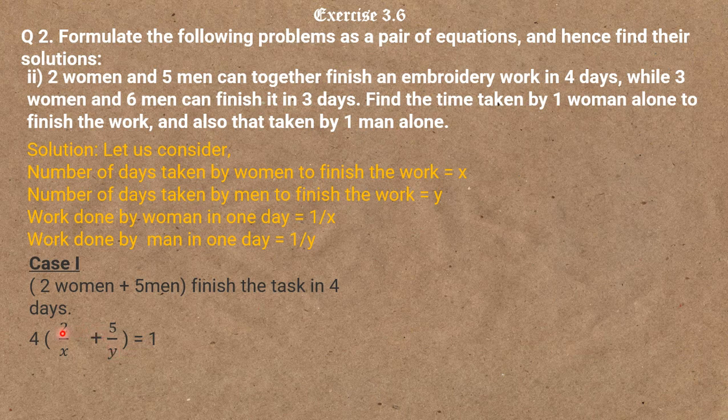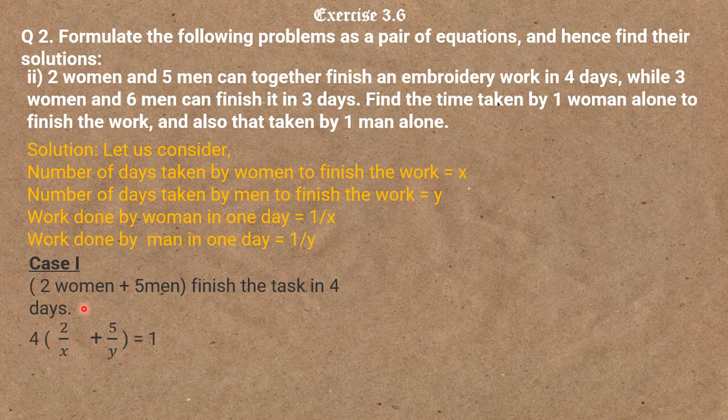As there are two women, the work done by two women in 1 day will be 2 upon x. Similarly, the work done by five men in 1 day is 5 upon y.